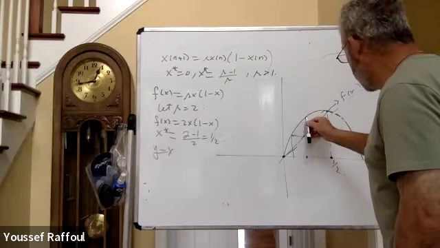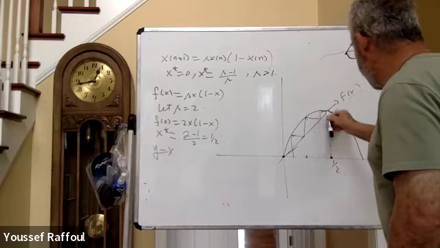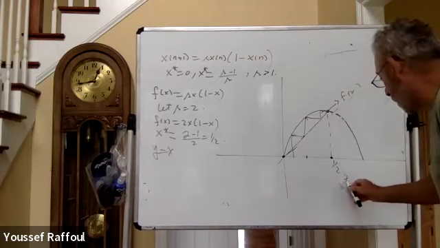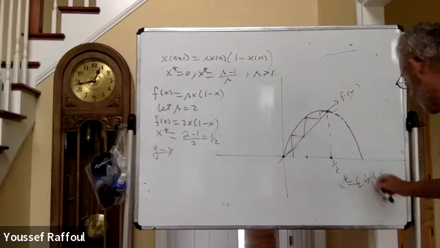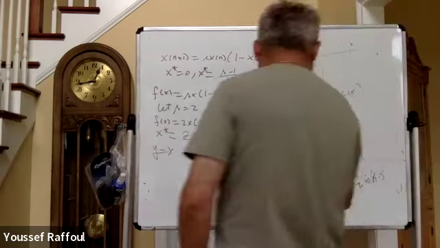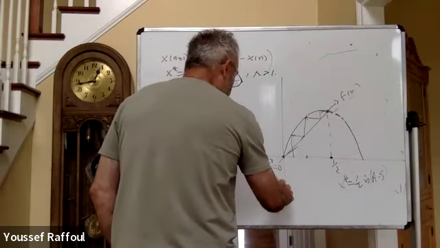We go like this, we go up like this, and then this is stable. So x star equal 1/2 is asymptotically stable. But everything is running away from 0. And x star equal 0 is unstable.